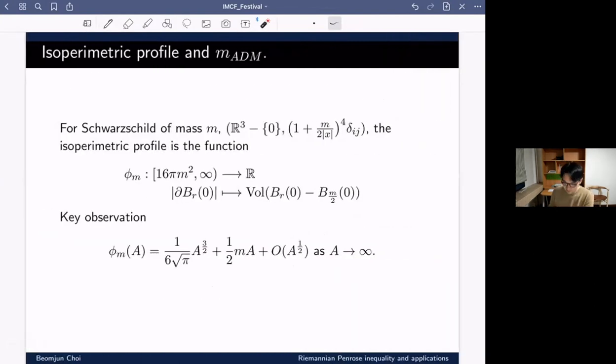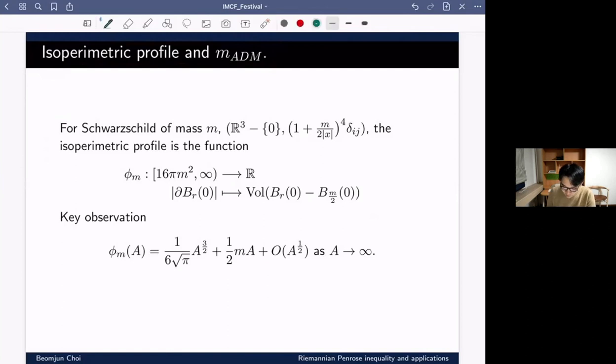Now we want to move on to the last, and I think the most interesting topic of this talk. I want to relate this isoperimetric inequality and the ADM mass. This was observed by Huisken and other people.